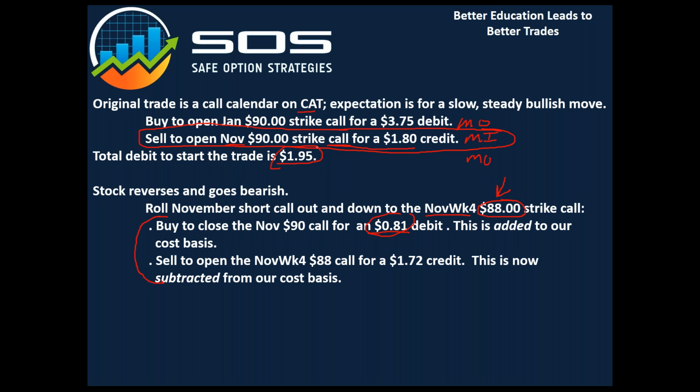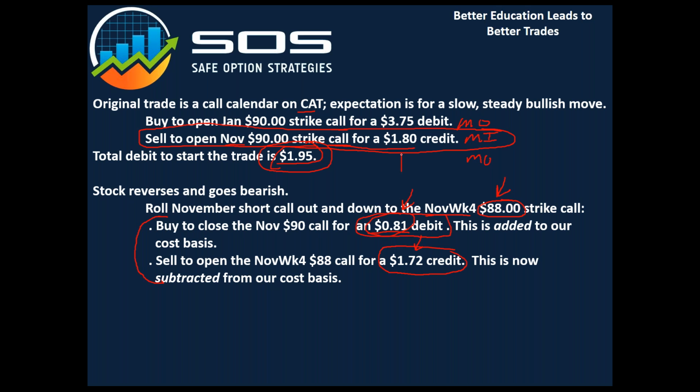So from this cost basis right here that we started out with, we're going to add 81 cents and subtract $1.72. Now, do we very often do it that way? That's kind of the long math, but I illustrate it this way to help you make sense of it. What is our number one goal when we roll a short option? Get as much or more credit on the new short option as what you're spending to close the old short option.